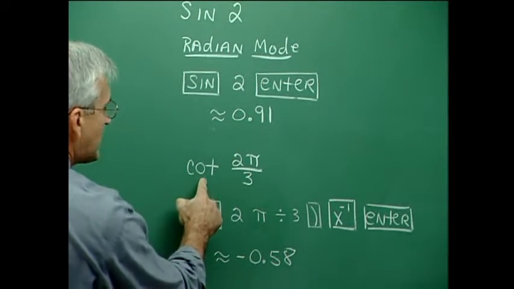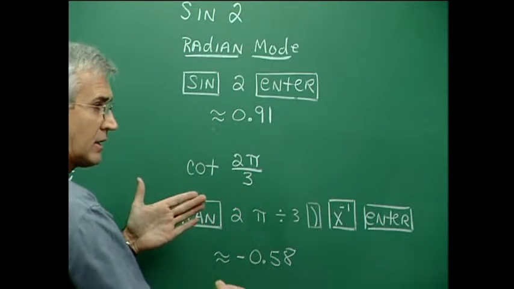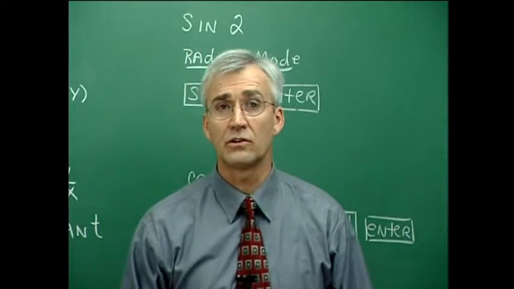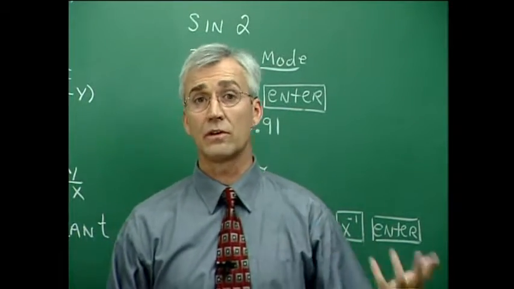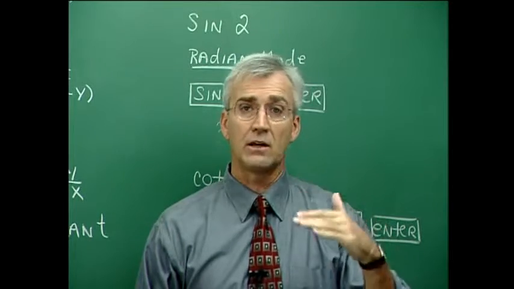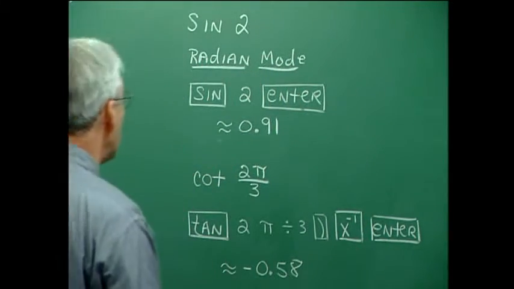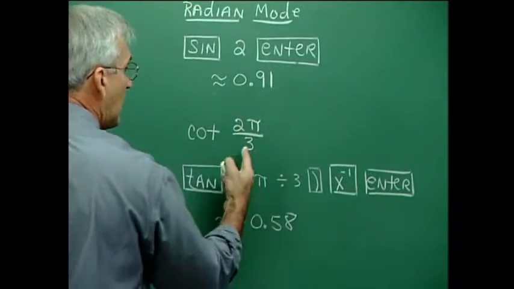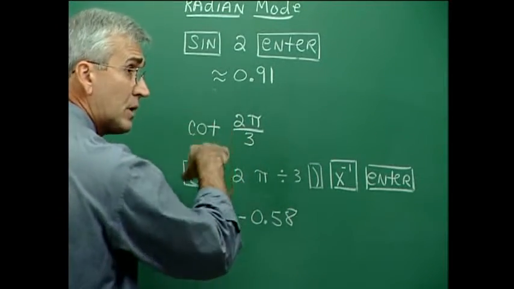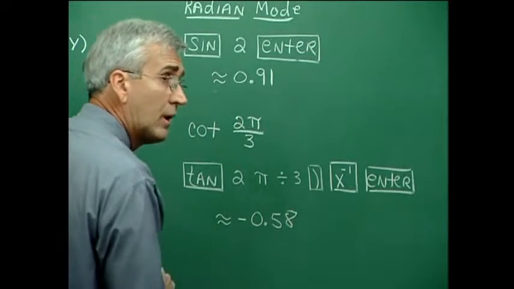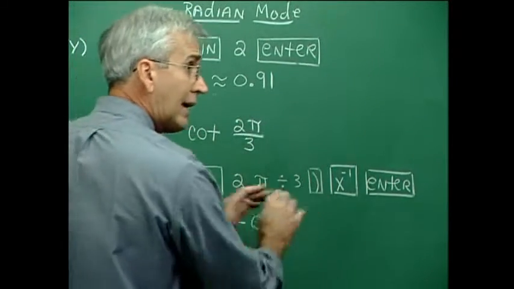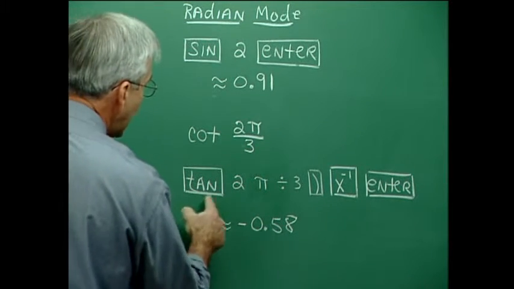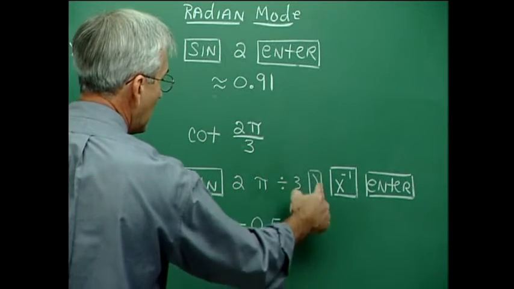Now for cotangent, secant and cosecant, the calculator doesn't actually have a button for those three trig functions, but they're pretty easy to calculate because they are the reciprocals of either sine, cosine, or tangent. So the cotangent of a real number is the reciprocal of the tangent of the same real number. On the calculator we find the tangent of that real number, entering tangent, 2 pi divided by 3, close parenthesis.